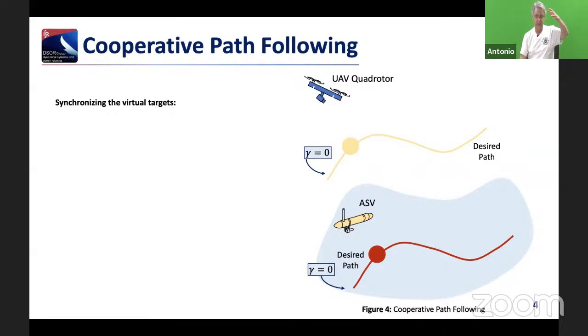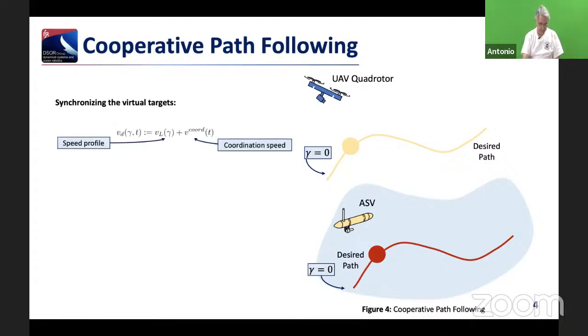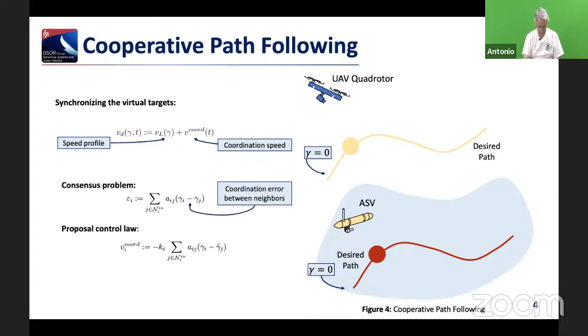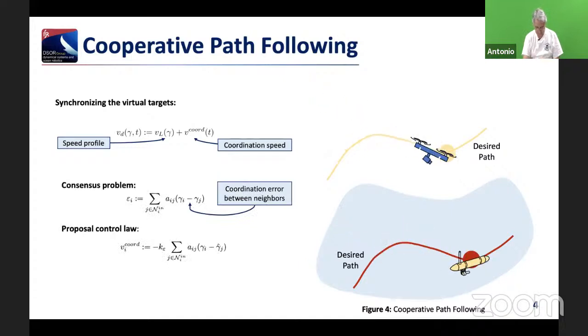You have the UAV quadrotor following a path that it detects online, the ASV converging to the same path, and they should somehow synchronize top to bottom. This can be done by imparting on both vehicles a desired speed profile, and then you adjust according to how far they are from each other from the projections on the horizontal plane. And then I'll mention this.